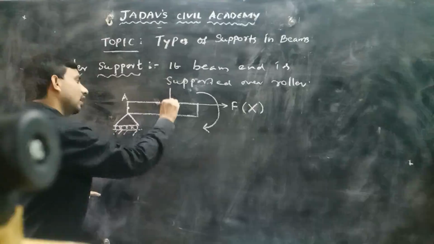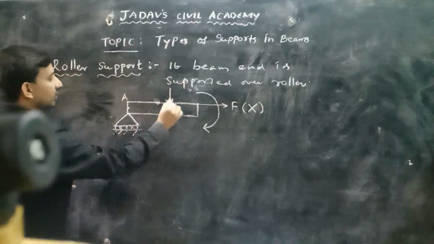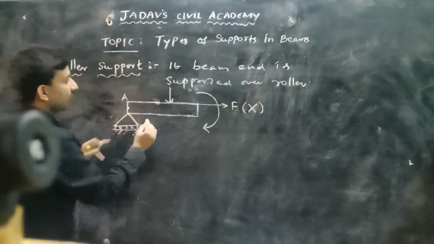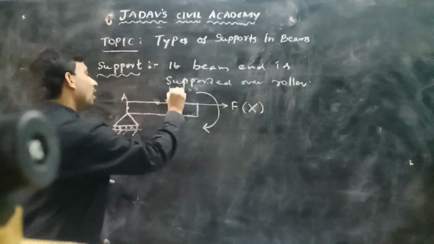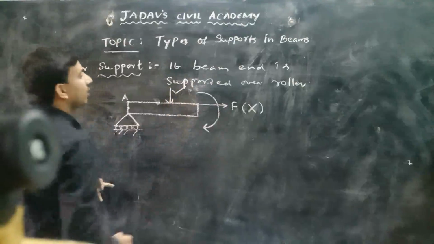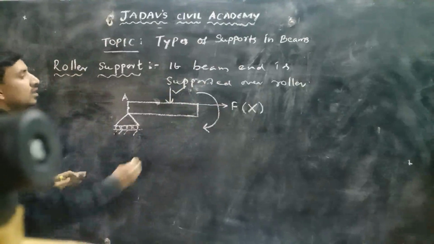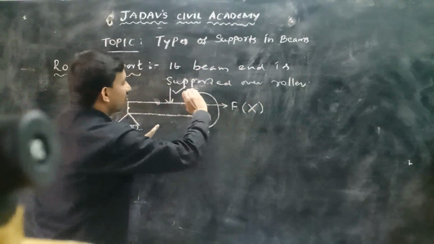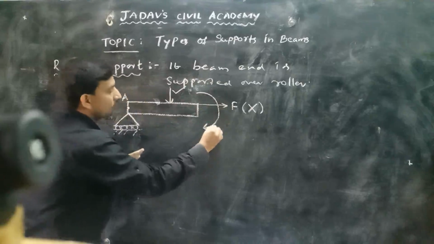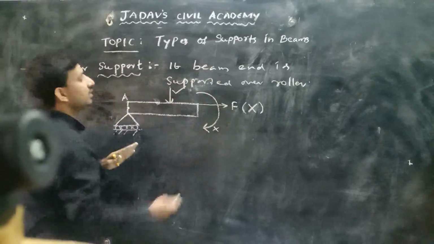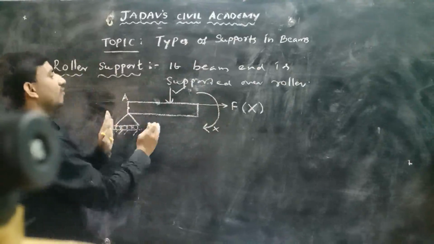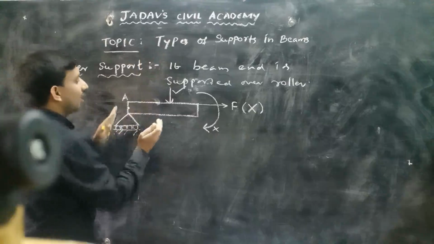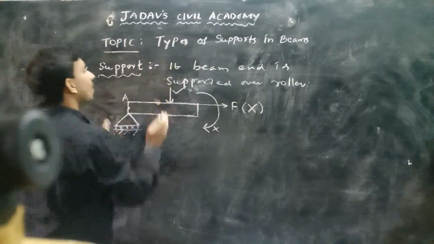And if you have a vertical force, this vertical force is restricted by the reaction of this support. So we have a restriction in the vertical direction. We are not having restriction in the horizontal direction, nor in the rotatory movement, and we are having a restriction in the vertical translatory movement.